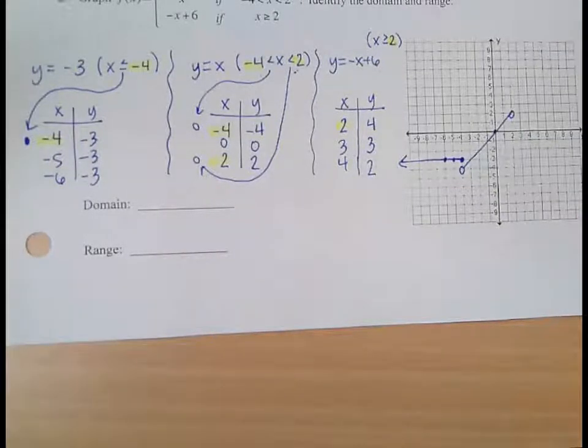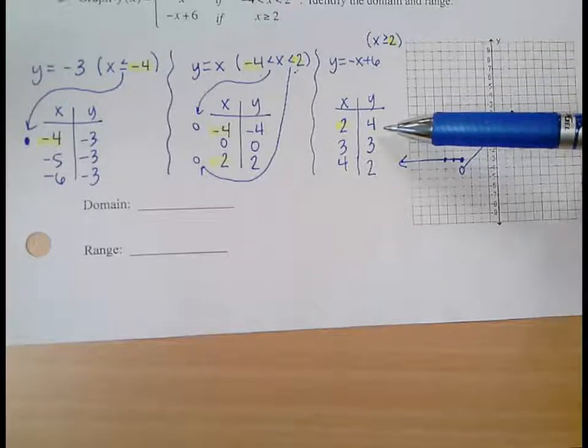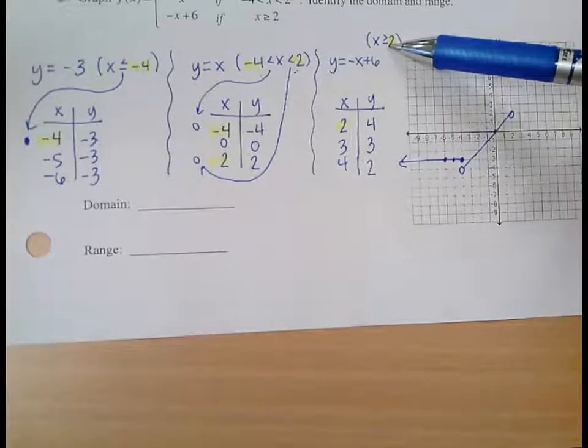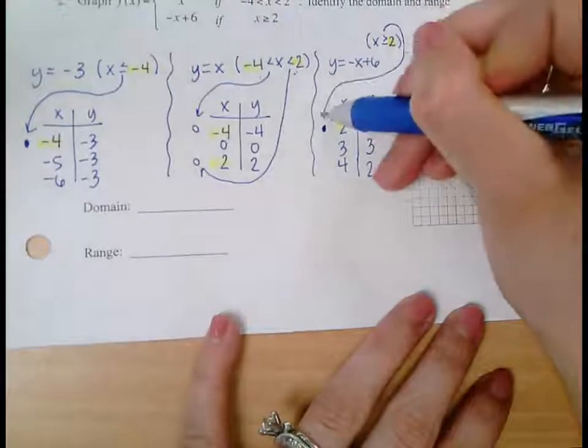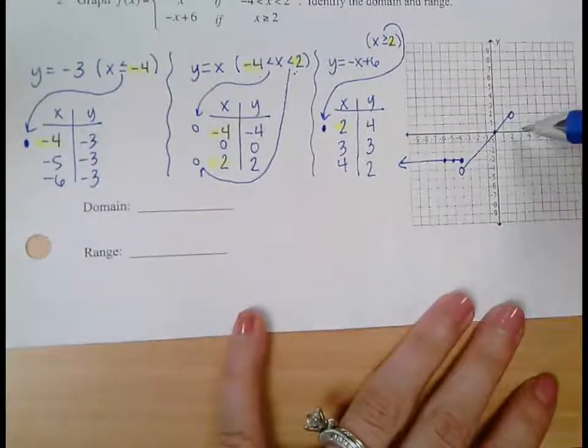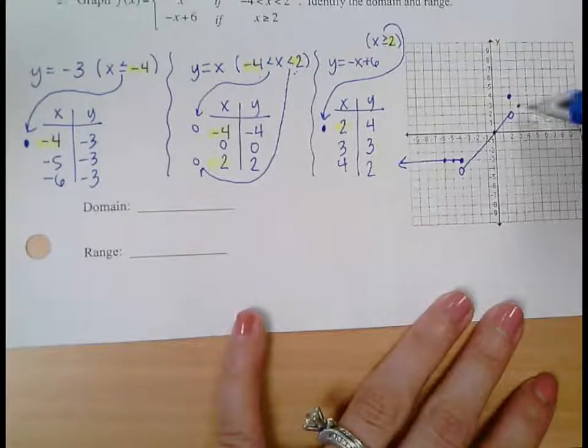You see that the line segment would go through it anyway. So they're just connected. And then the third piece, that first point 2, 4, should that be a circle or a dot? It's greater than or equal to 2, so it should be a dot. So at 2, 4, I should have a dot, and then 3, 3, 4, 2.